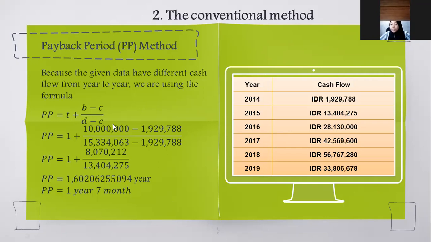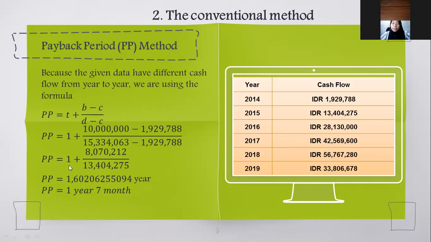So it means that D is the sum of the cash flow from 2014 till 2028, 15 years. Then we get D equal 15,334,063 minus C. C is 1,929,788.